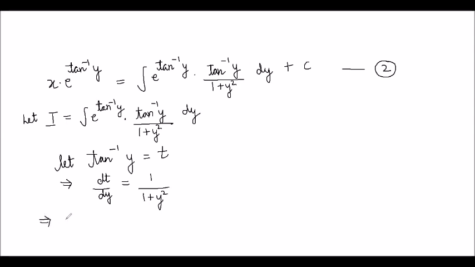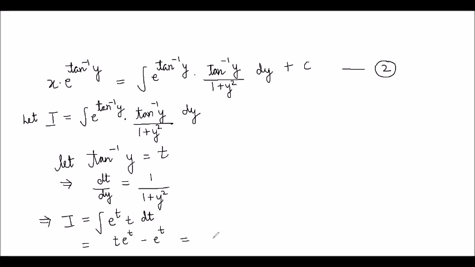This will give us I, the integral, where we have assumed tan inverse y as t, and dy upon 1 plus y square will be dt. When we will use here by parts, we will get t e raised to power t minus e raised to power t.